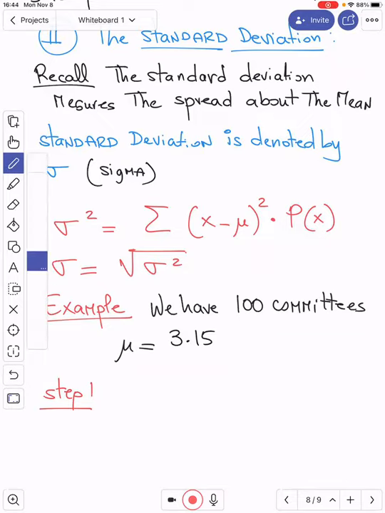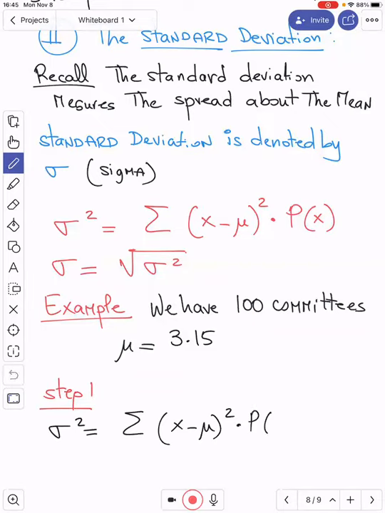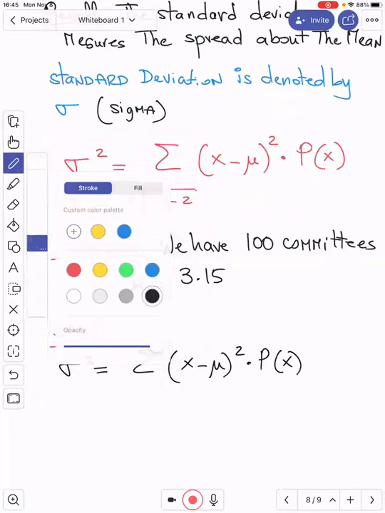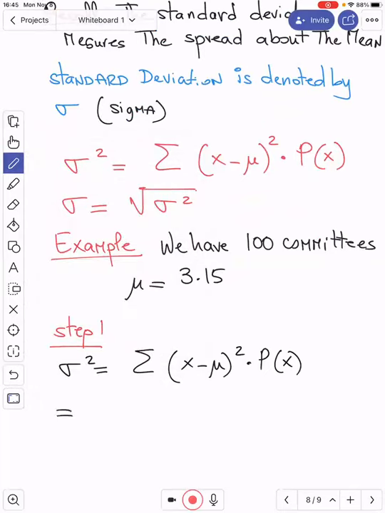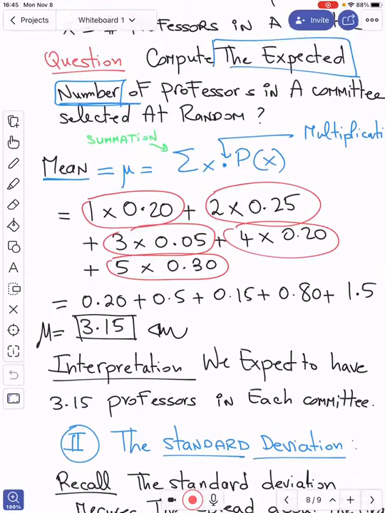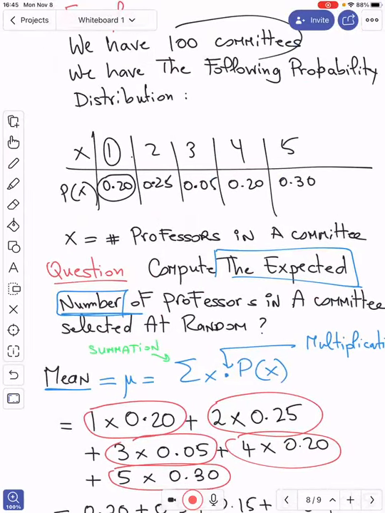Yeah, so this is sigma square. Let's start with sigma square. It's going to be equal to x minus mu squared times p of x. First we start with the first value of x, which is 1, minus the mean, 3.15, and then square, times the probability that x is equal to 1, which is 0.20.